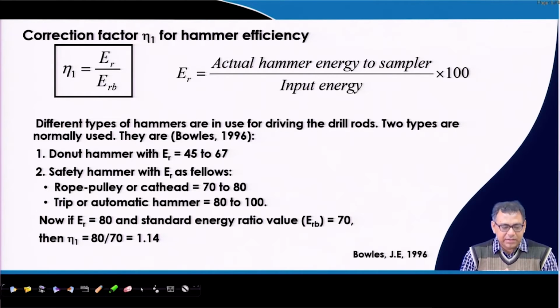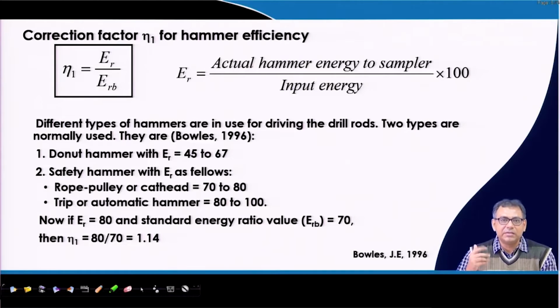For example, sometimes your hammer energy may be 70%, sometimes 70% with respect to the energy that you are supposed to apply, because as I mentioned, your energy will be less than 100% because of some energy losses. That may be your instrument problem, or that may be your manual error. Depending upon the instrument that you are using, your applied energy may not be 100%. But in all the tests you cannot do a particular energy, because some tests you may do with 60%, some with 70%, some with 80%.